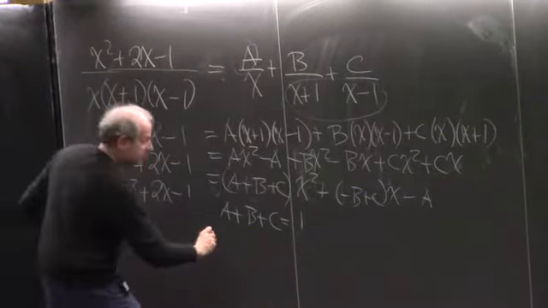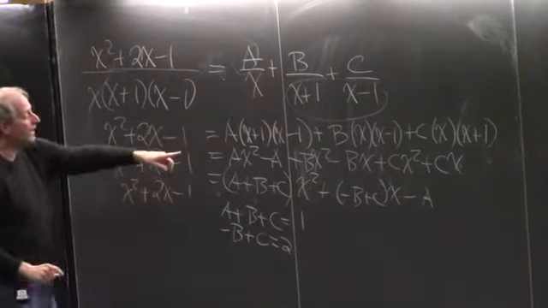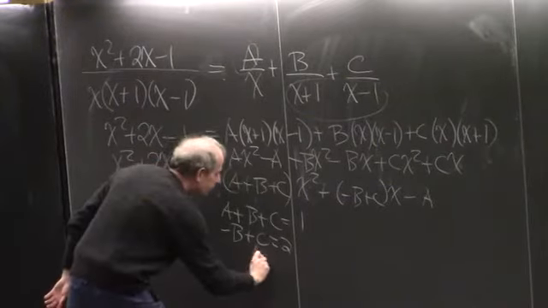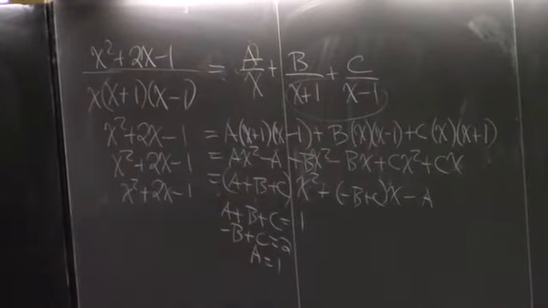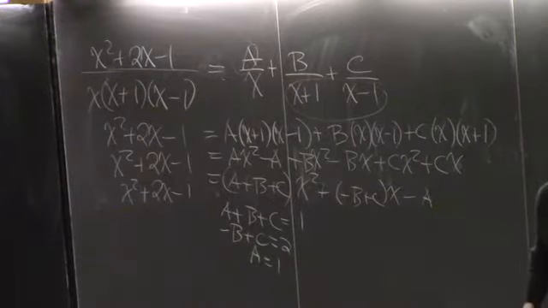Minus b plus c will have to equal 2. And you know minus a equals minus 1, so you know a equals 1. So you should be able to solve from there. Okay? And then you're going to get something over x plus 1, and something over x minus 1. Not going to do every step.